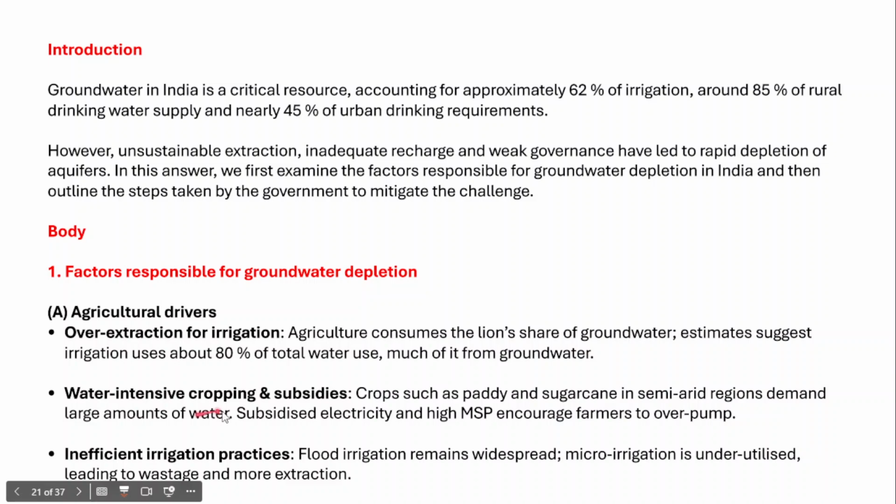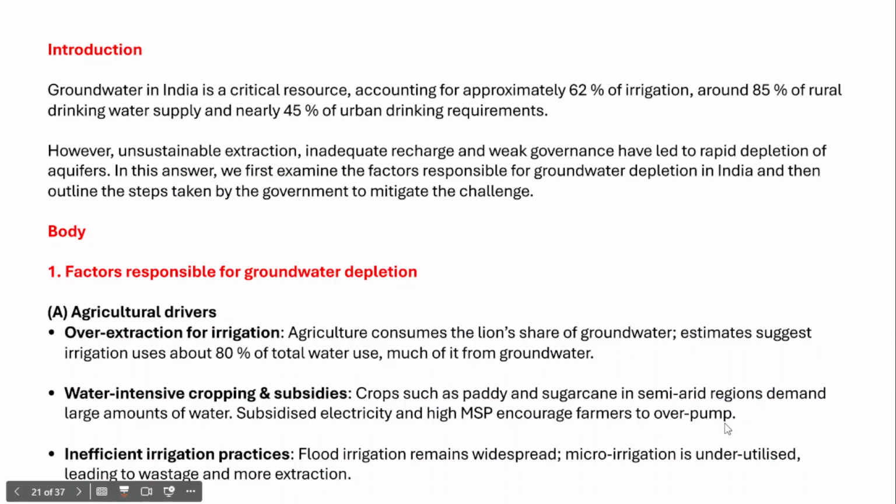Mostly in India, water intensive crops are being cultivated. For example, rice is a water intensive crop, sugarcane is a water intensive crop, right? So in these semi-arid regions, mostly water intensive crops are being cultivated. Apart from that, the government is also providing subsidized electricity and high minimum support prices, which encourage farmers to over pump or over extract the groundwater resources.